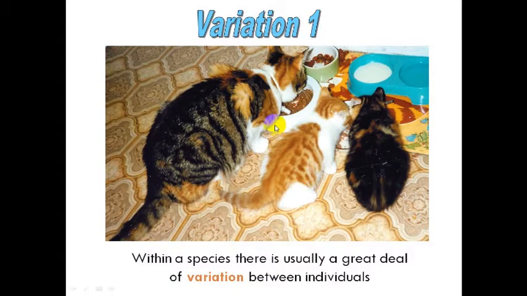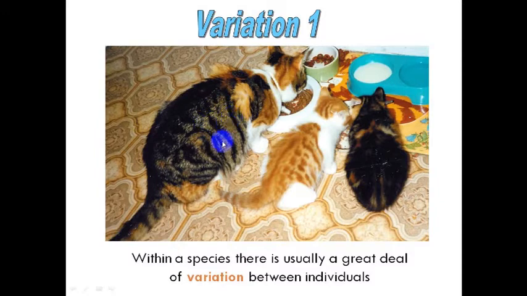Variation is defined as the differences found between individuals in one particular species. For example, shown here is a picture of a family of cats. They all come from one species, the cat species. However, they are not looking alike.